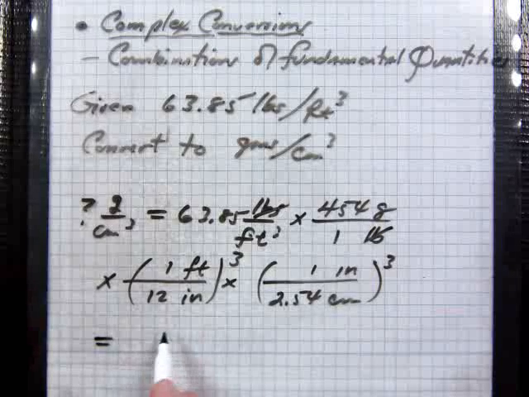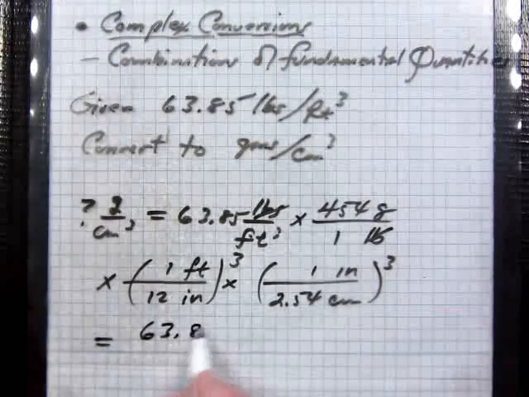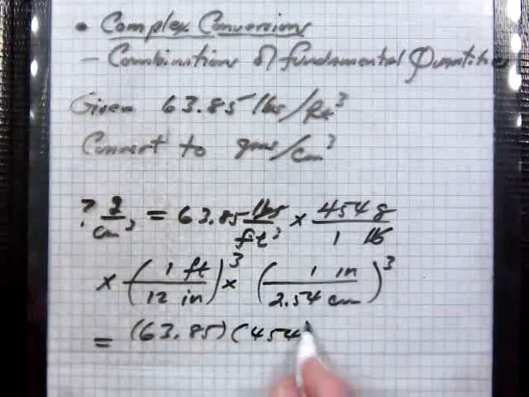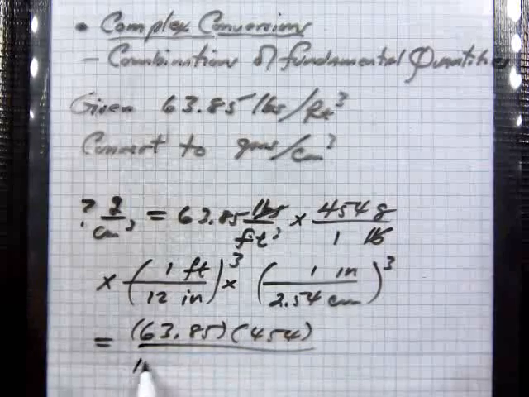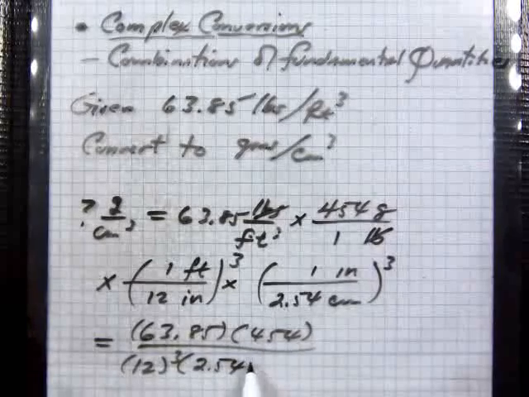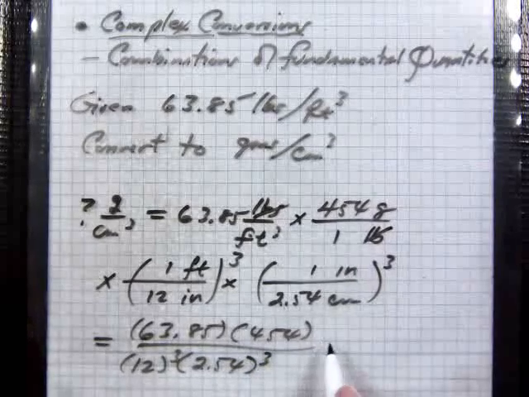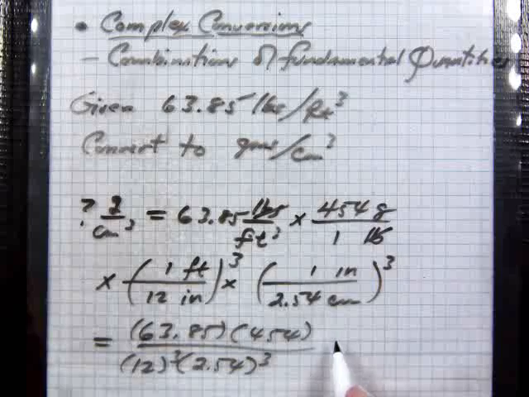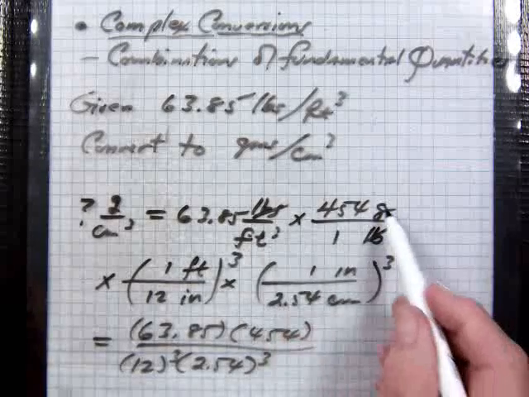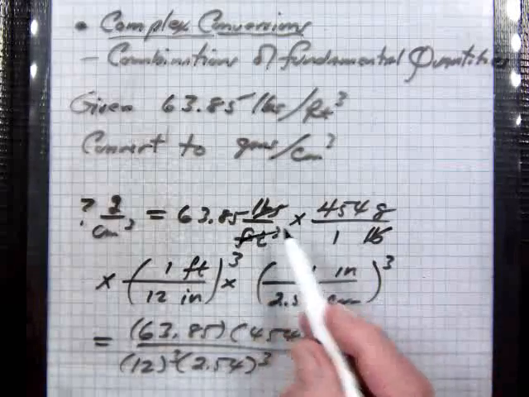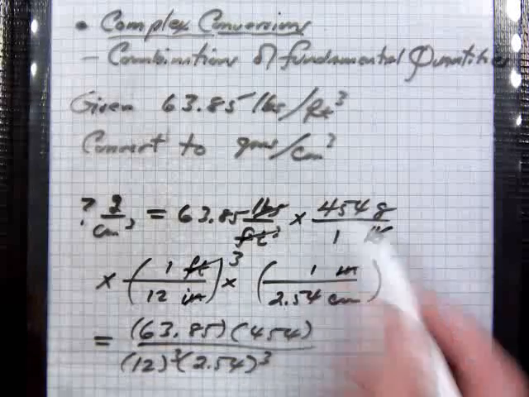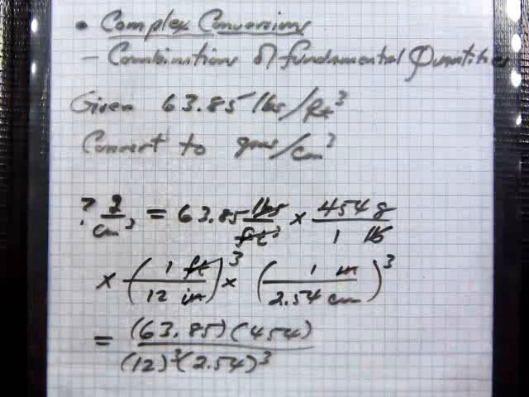So that would be 63.85 times 454 divided by 12 cubed and 2.54 cubed, and with the units canceled, that's grams per cubic centimeter.